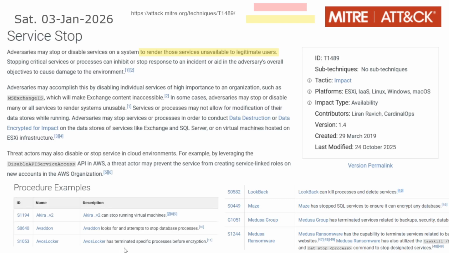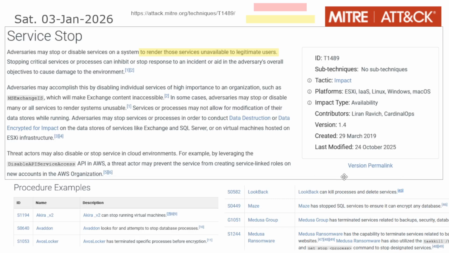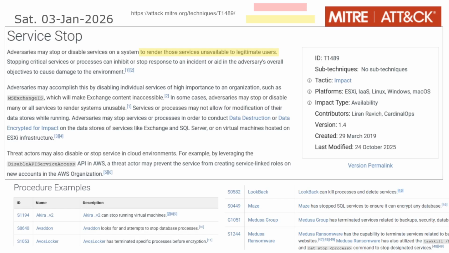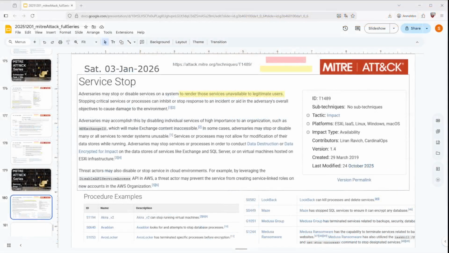Avos Locker has terminated specific processes before encryption. Okay. Then LockBit can kill processes and delete even services. Maze has stopped SQL. Medusa Group has terminated services related to backups. That's quite smart. So you disable the backup and then you encrypt everything. Yeah, fascinating.